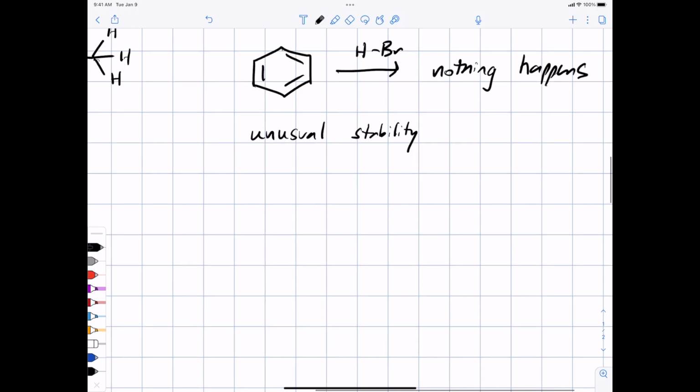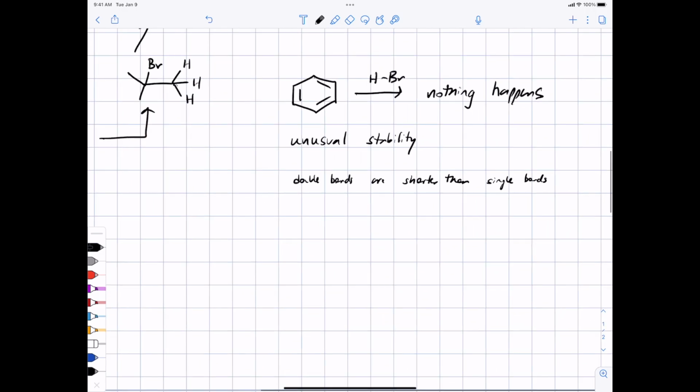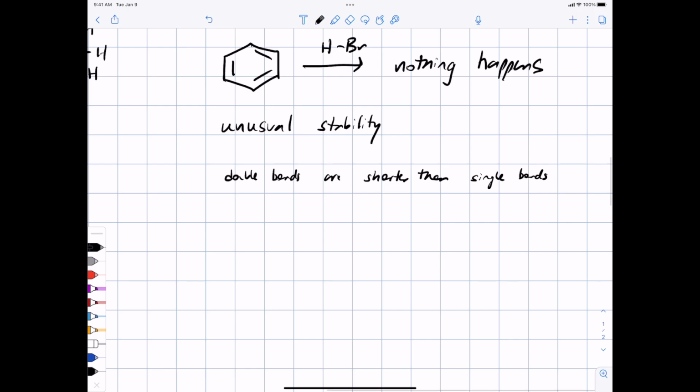For example, if you look up bond lengths in organic molecules, you find that double bonds are shorter than single bonds by a significant amount.